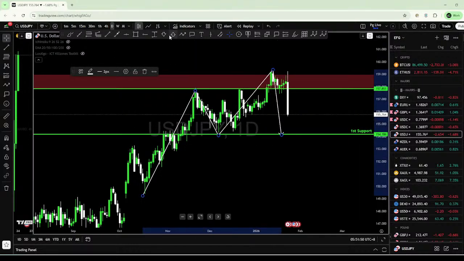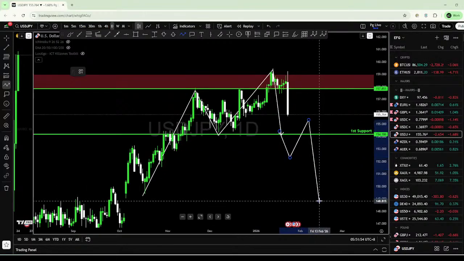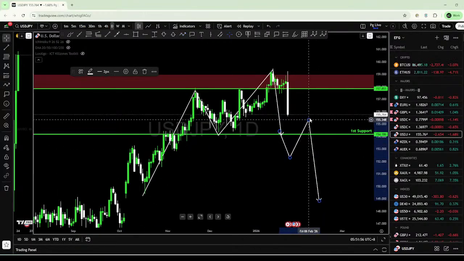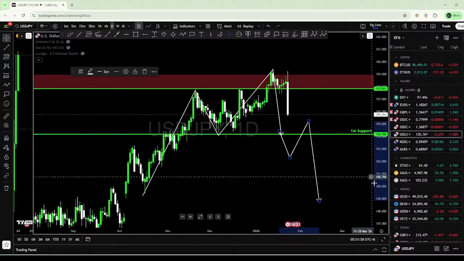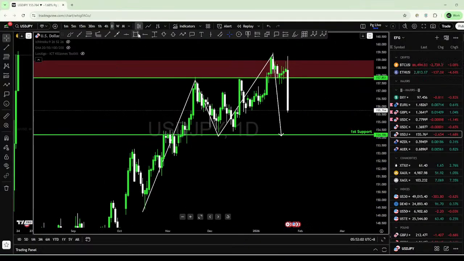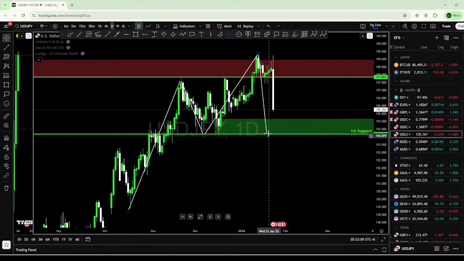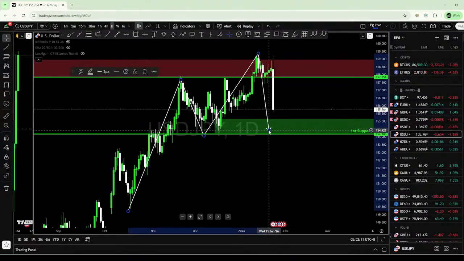If close below, you need to wait for a pullback, then you sell, or pull back at this or this, because right now what I see, we have the OB here, right? So if price comes here, respects, and then will continue to go higher.